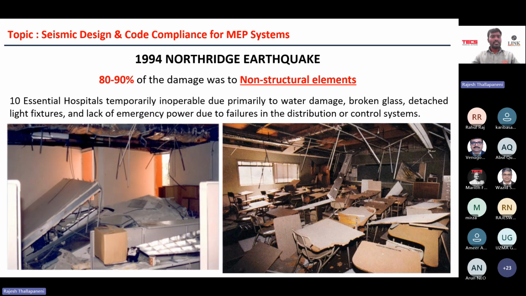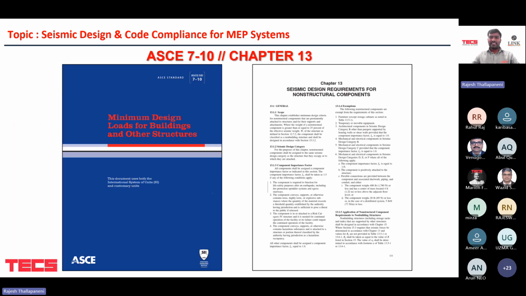So moving forward, for today's session, we will be focusing on the American standard, which is ASCE 7, which is again interlinked to the IBC, International Building Code. And there are new versions which have been released. However, the major intent or guidelines of seismic requirements have not changed.